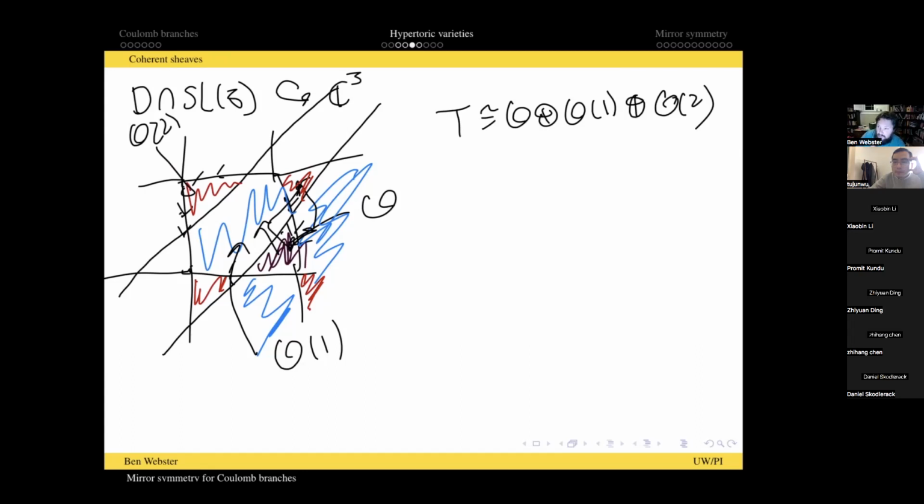So when I hit one of these walls where one of the objects gets crushed down to 0 and a new chamber appears, I actually get a perverse equivalence between the two t-structures crossing that wall.